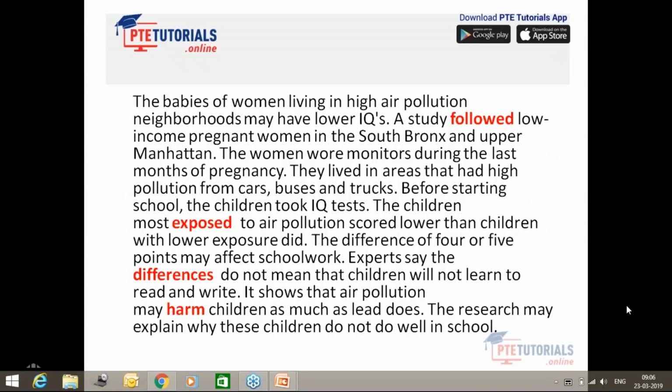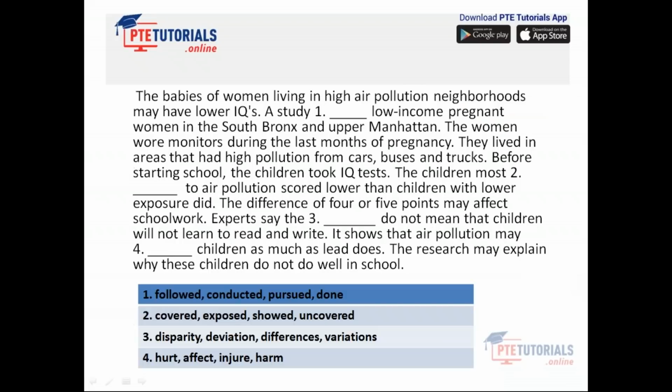The first was, let's go back because we have the options too. The babies of women living in high air pollution neighborhoods may have lower IQs. A study followed low-income pregnant women in the South Bronx and Upper Manhattan. How can I write a study conducted in this place?